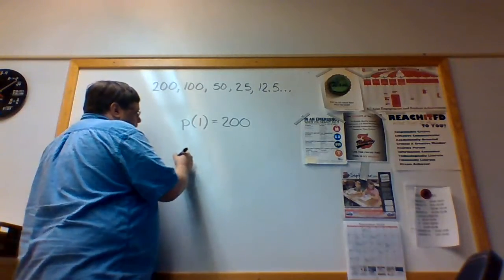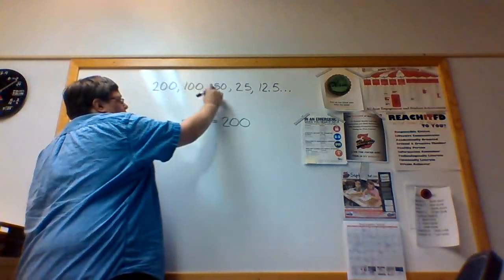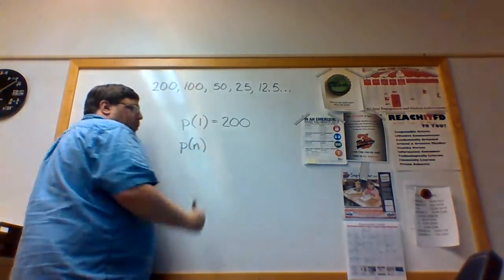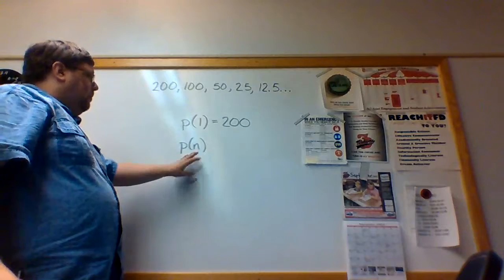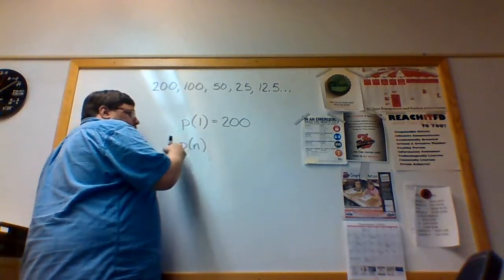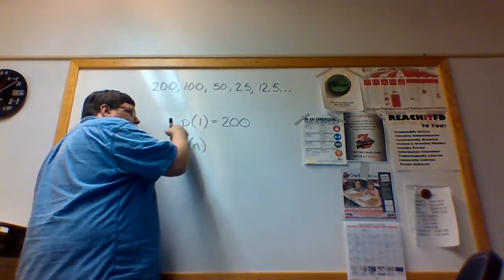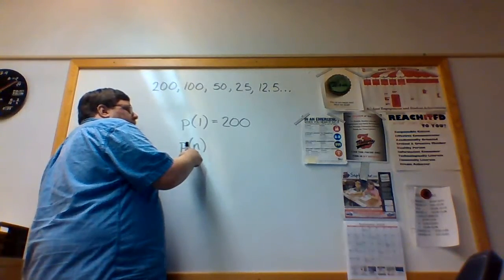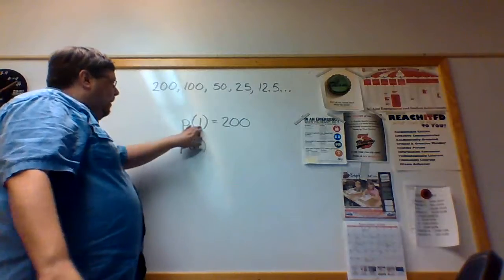Now the second line has to tell people what to do to get more terms. So p of n, remember, was our way of saying the next term. Make sure your letter matches there. Whatever letter you used before for your function name still has to be the same. And n is our term number for any term we want to find after that first one.